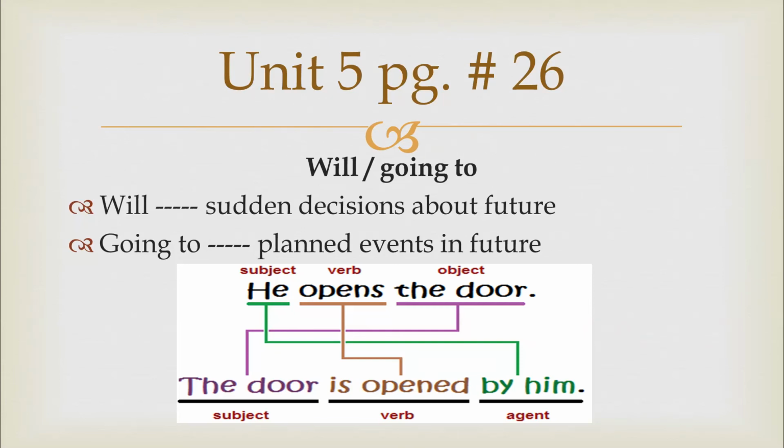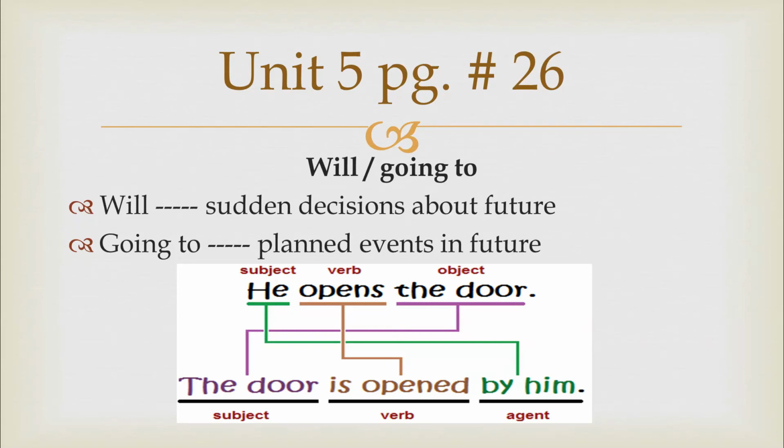To make passive voice, we have to move the subject to the object position, and we have to bring the object to the subject position, and we have to change the verb. That is the main thing. We change the verb into past participle, and the auxiliary verb is also changed.